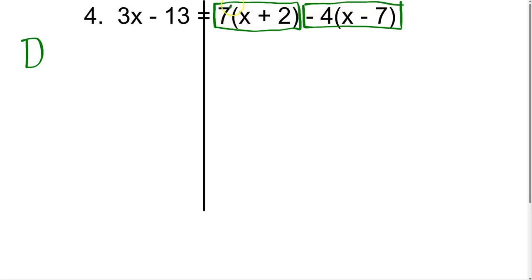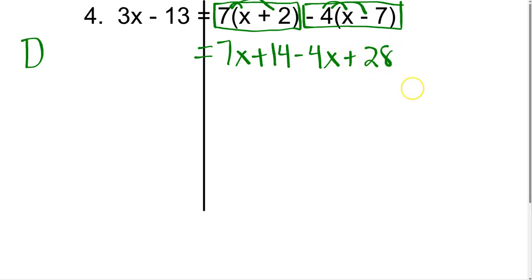So I'm going to do 7 times x, which is 7x, 7 times 2, which is 14, negative 4 times x, which is negative 4x, and negative 4 times negative 7, which is positive 28. On this side, 3x minus 13.